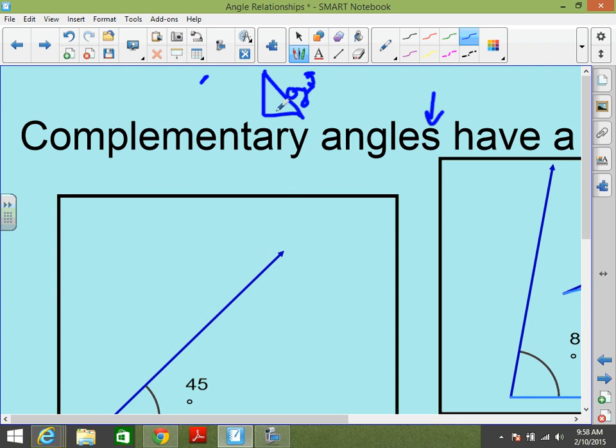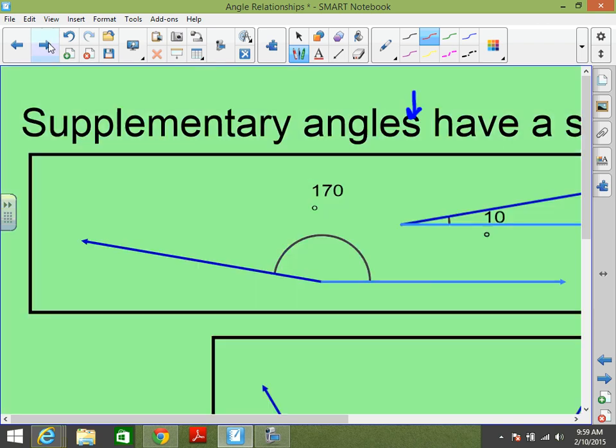Now that would not be complementary because that is only a right angle. Complementary has more than one. So in this picture, you would also need to have some other type of angle in here for it to be complementary. Don't give me a picture that's just strictly a right angle. You understand? Okay. Supplementary is the same way.